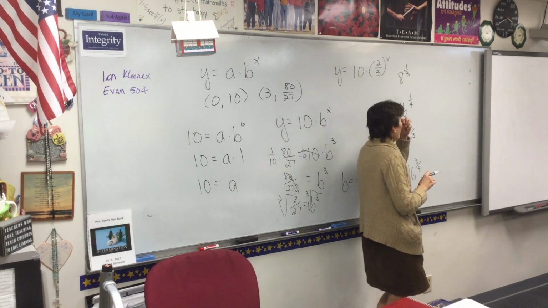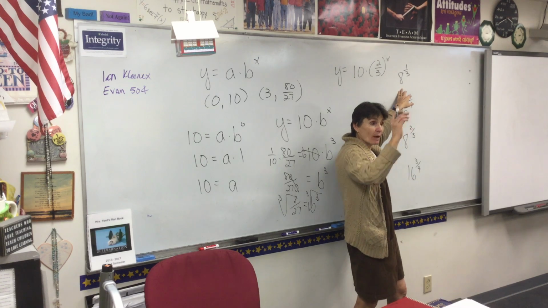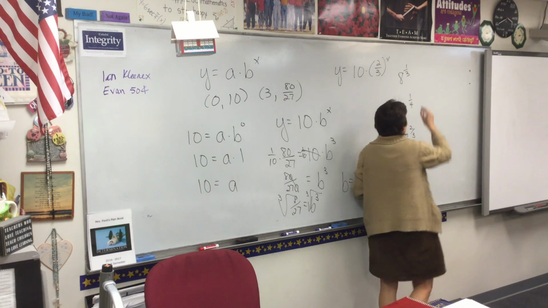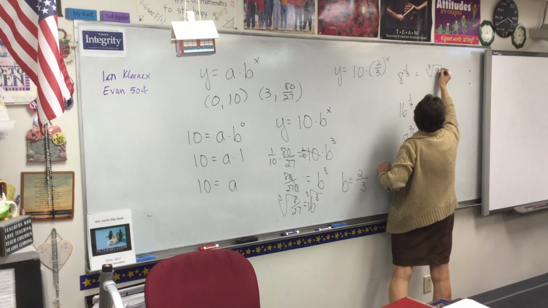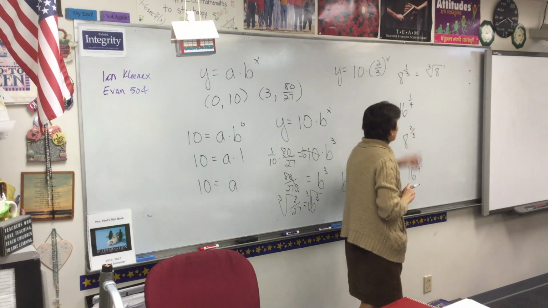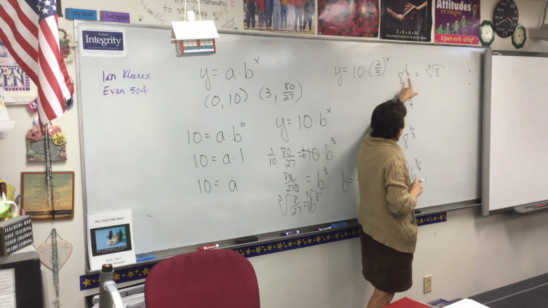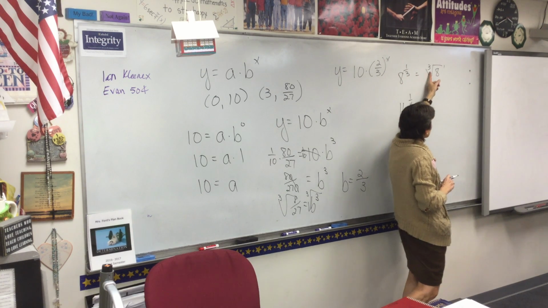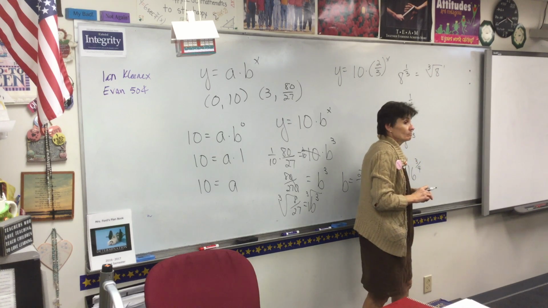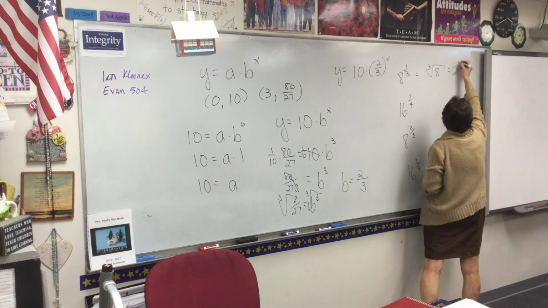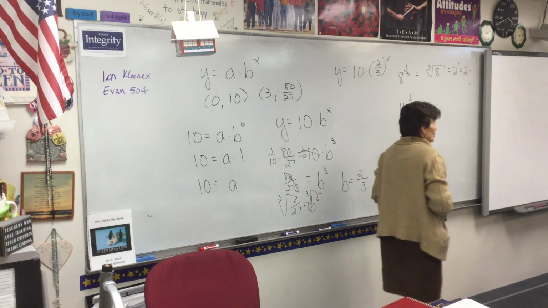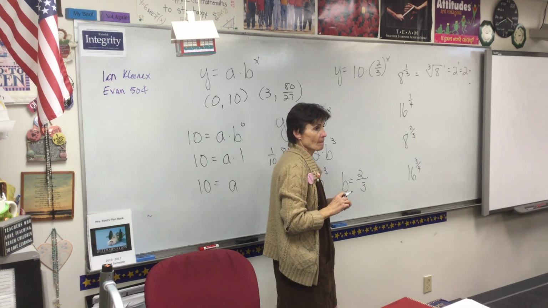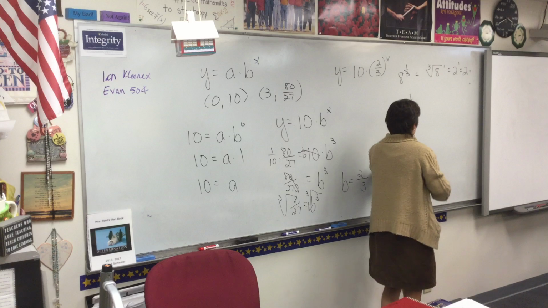So my eyeballs see 8 raised to the 1/3 power, but my brain immediately thinks this is the cube root of 8 to the 1st power. So what is the cube root of 8? 2. To the 1st power would just be 2. So the answer to the problem is 2. Now what does this one say?